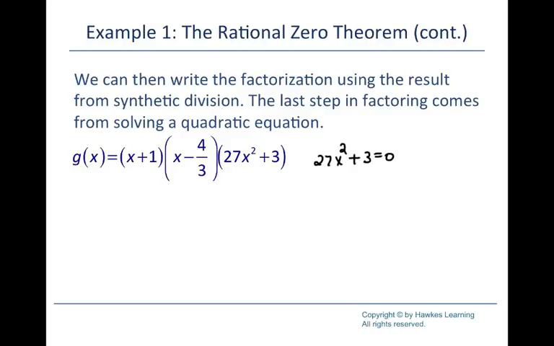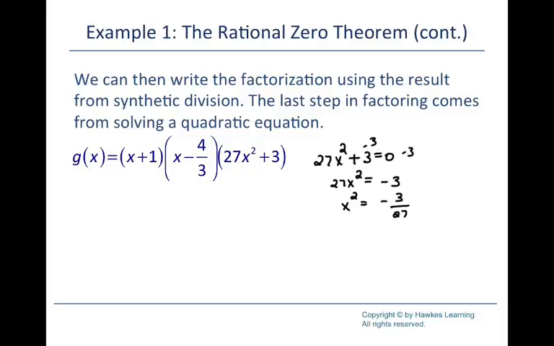And so when we subtract 3, we have 27x squared is equal to negative 3. Okay, and so x squared will be negative 3 over 27. Then we're going to have to square root that.